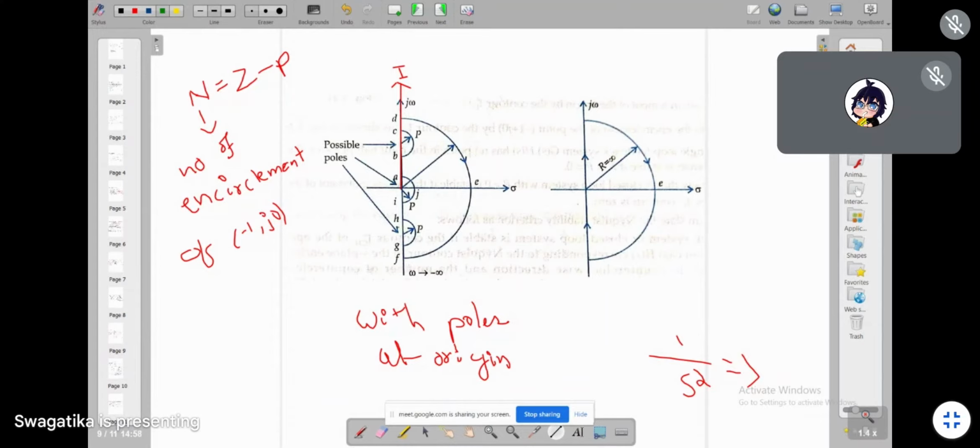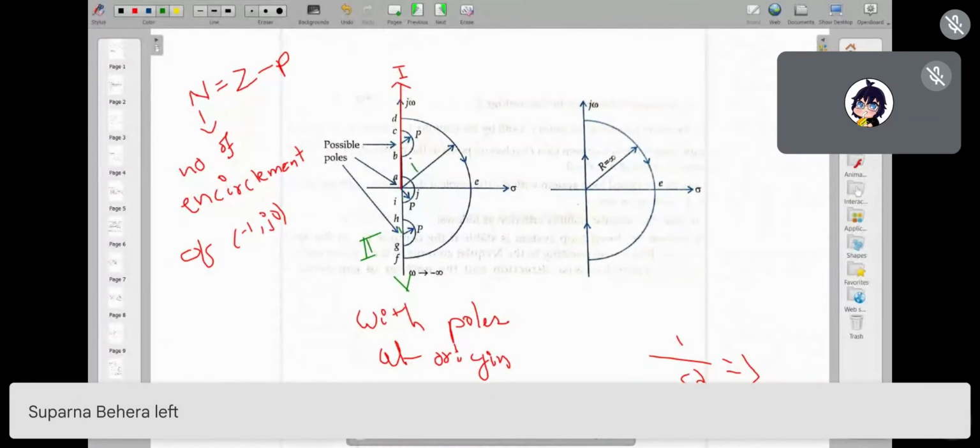And here you can say the radius is equal to infinity.